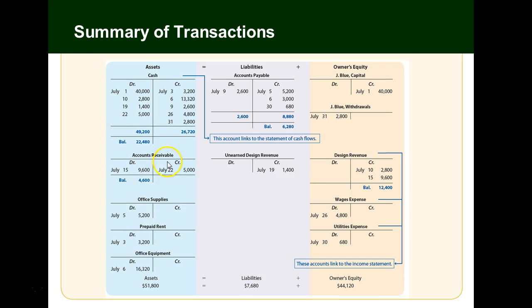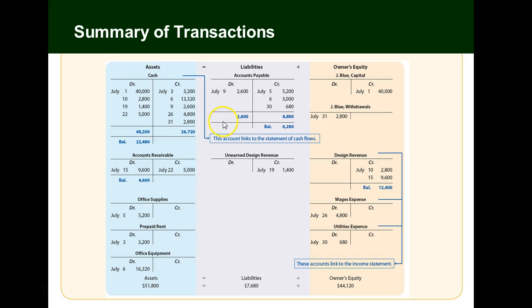Accounts receivable, we added our debits, we added our credits, and the difference is $4,600. Our office supplies, we just had one transaction. Prepaid rent, one transaction. Office equipment, one transaction. If we take all of our assets and total them up, our assets equal $51,800.